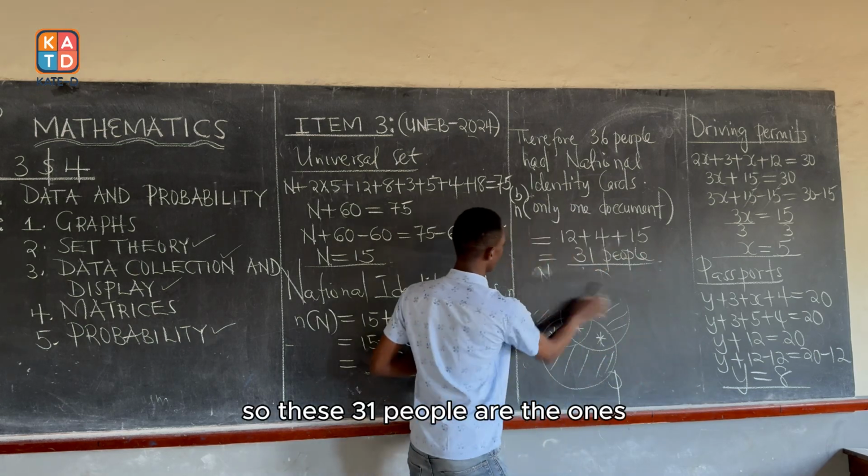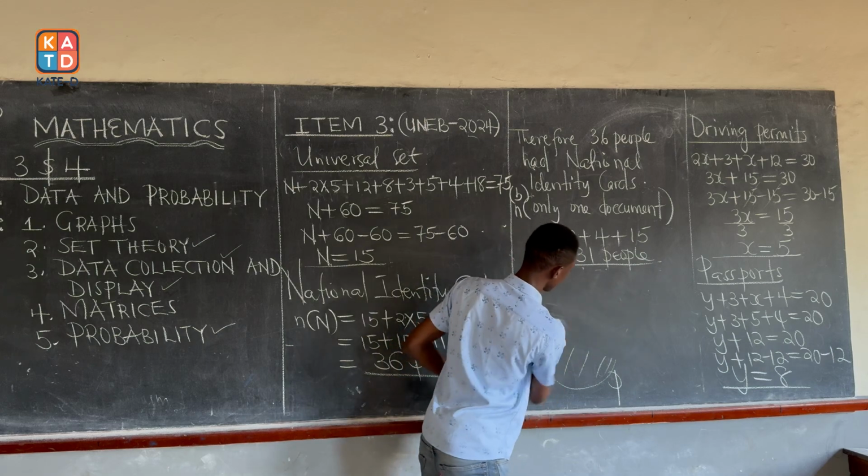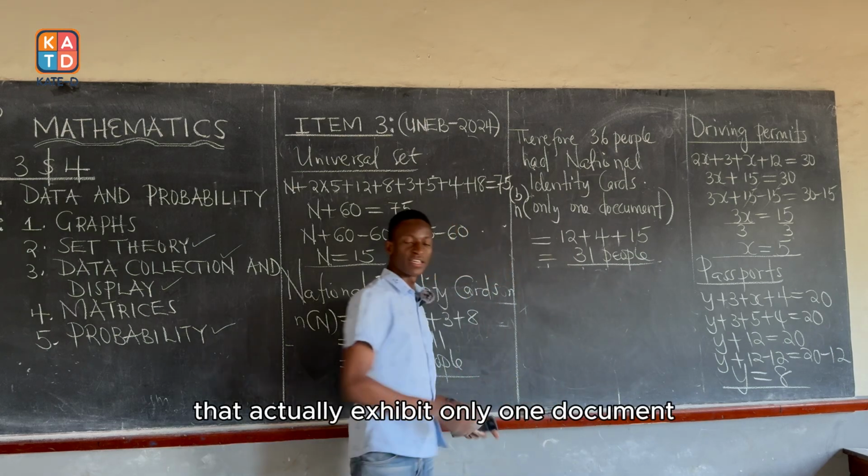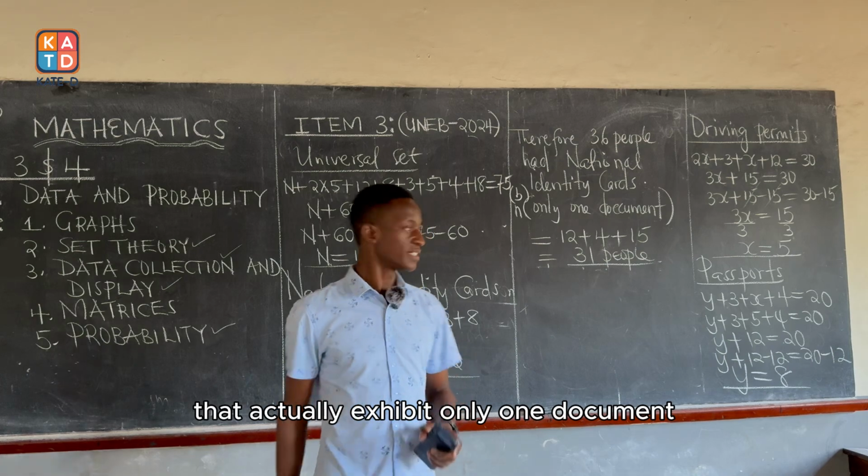So these 31 people are the ones that actually exhibit only one document.